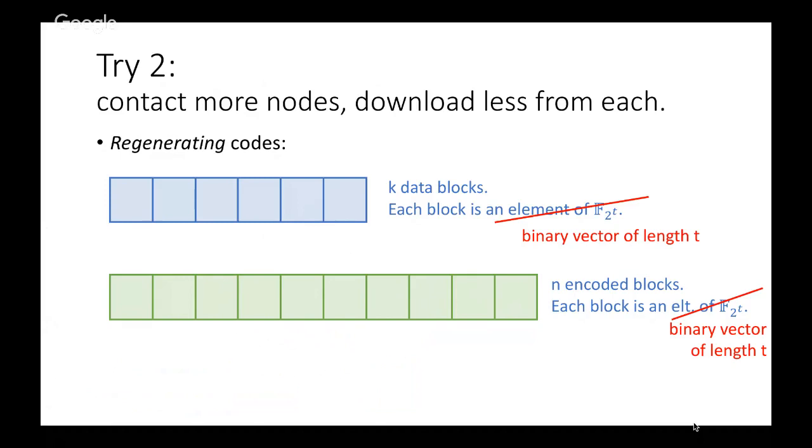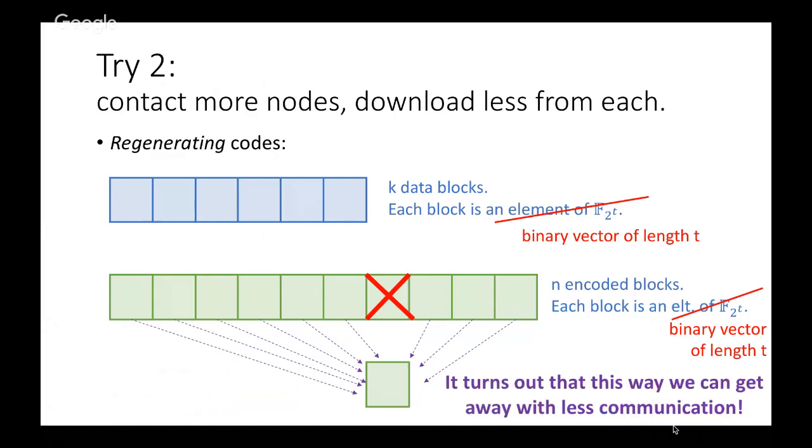I don't have to think about them on the field level. Now what happens is if one node fails, I could try to replace it by contacting more blocks, maybe all the surviving blocks, but I'll download less information from each of them. Maybe I'll download only 1 bit, for example, from each of them. And on net, I would hope to download less information than I was doing before.